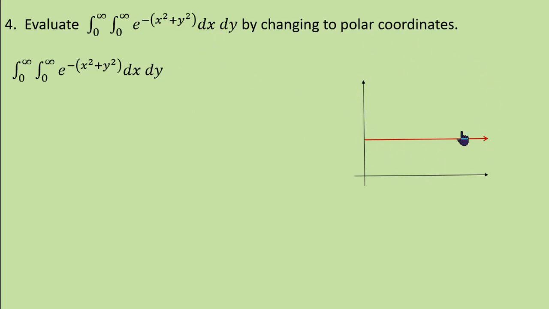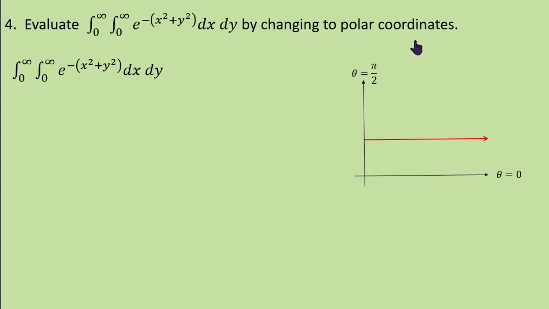To cover this first quadrant, it is very clear that theta varies from 0 to pi by 2. For every theta, r varies from 0 to infinity. That means it covers the first quadrant horizontally.